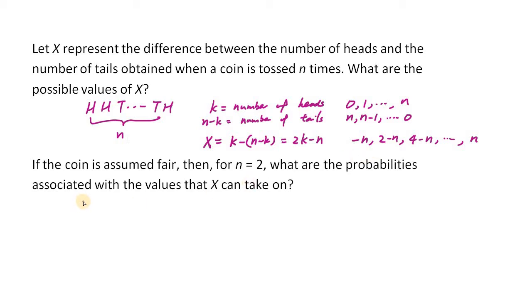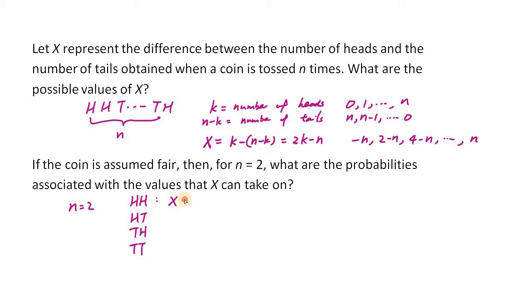So in the second part of this question, if the coin is assumed fair, then for n equal to 2, what are the probabilities associated with the values that x can take on? So for n equal to 2, we have 4 different cases that we can consider. Heads, heads; heads, tail; tail, heads; tail, tail.